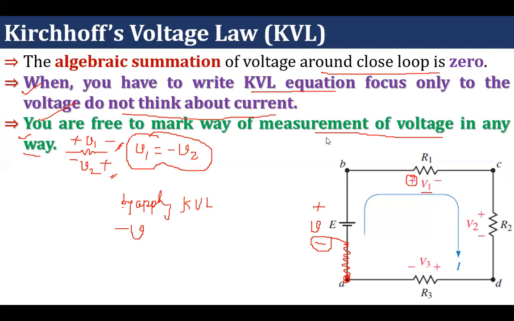Because firstly I see the negative sign of this measurement. So I take the negative sign into account and mark the variable V. Then I will go ahead. If I reach here, then I see a positive sign, so I will write plus V1.